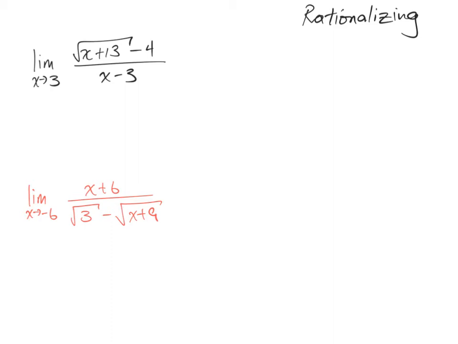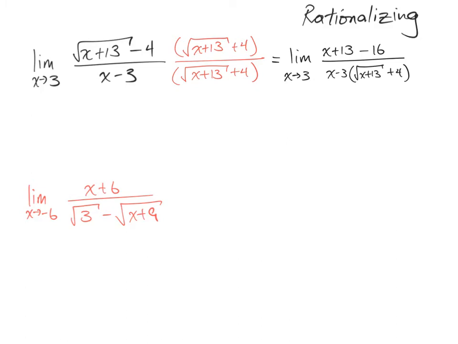So if you look at the first limit here, the limit as x approaches 3 of the square root of x plus 13 minus 4 all over x minus 3. The first thing we want to do is multiply the top and bottom by the conjugate pair of the top. Another way to say this is to rationalize the numerator. Multiplying by the conjugate pair will look something like this.